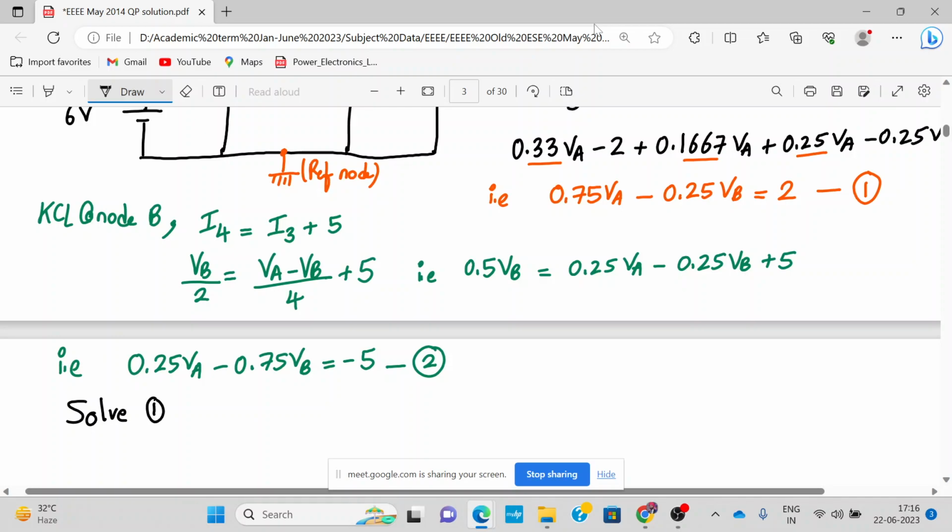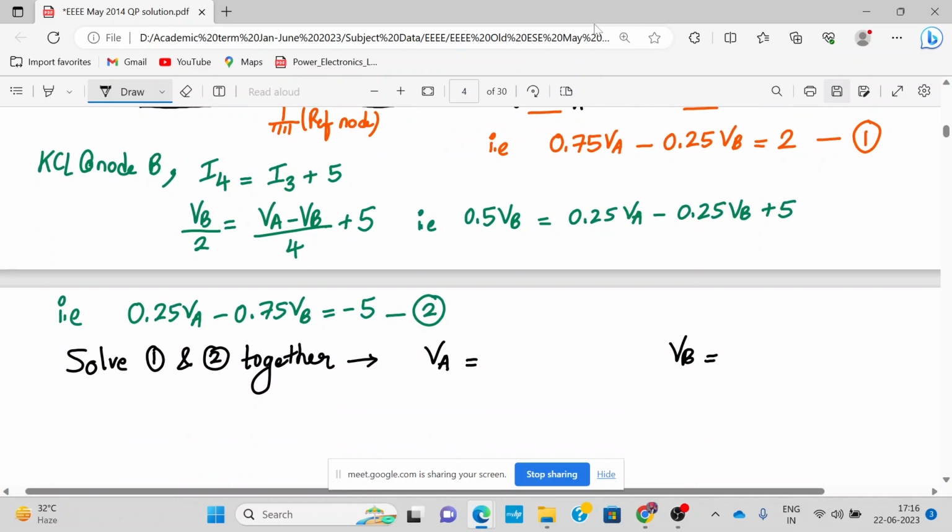So solve 1 and 2 together. It will give you one value of VA and one value of VB. That will help you find the value of current. Now I'll give you half a minute to let me know the answer. Check your equations and put the equations properly.